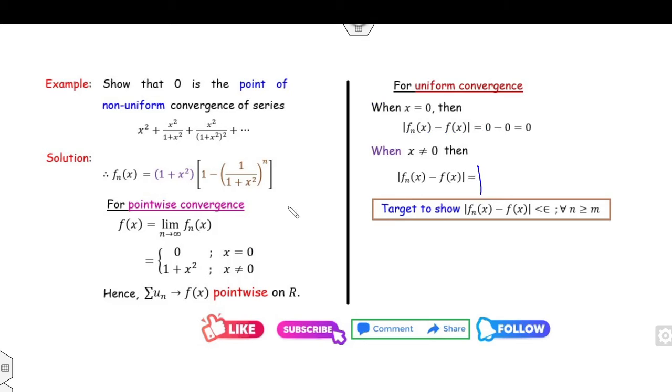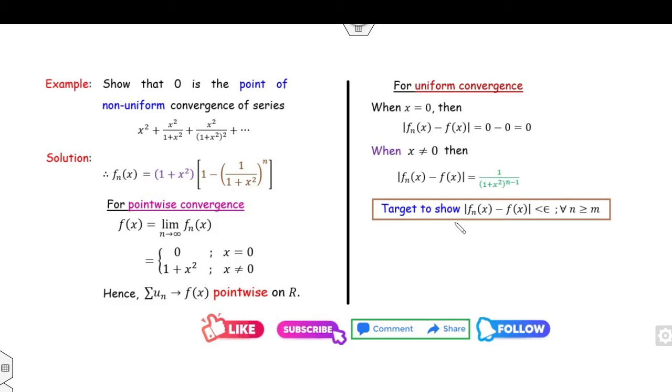So I can substitute this value. I can open that. It's 1 plus x square minus (1 plus x square) raised to power 1 minus n, minus F(x). F(x) is 1 plus x square. So 1 plus x square will be cancelled and I can take the modulus value as a positive number.